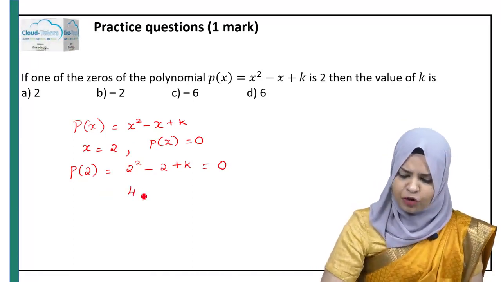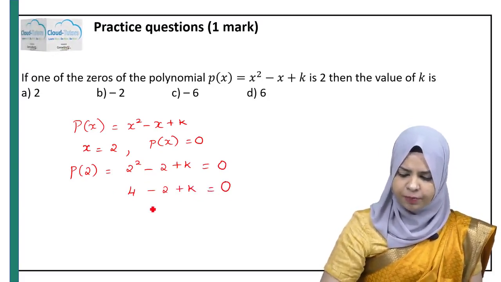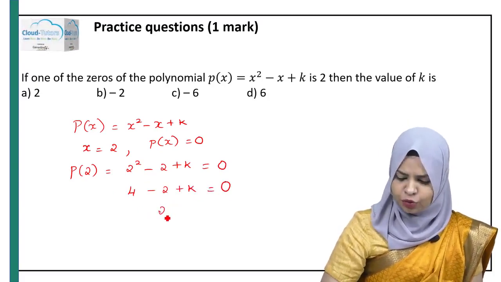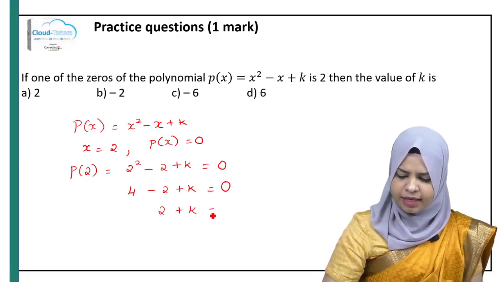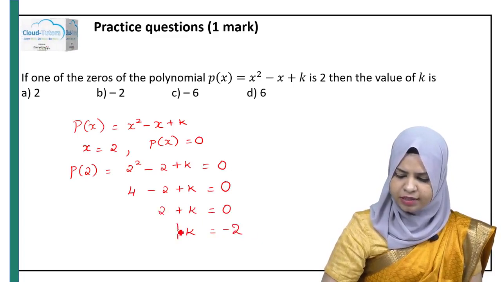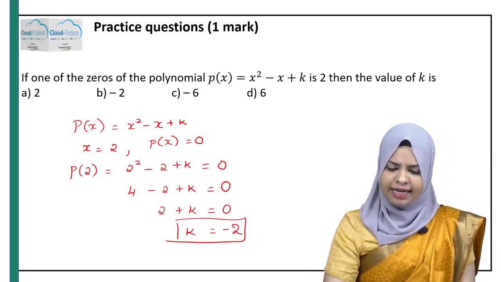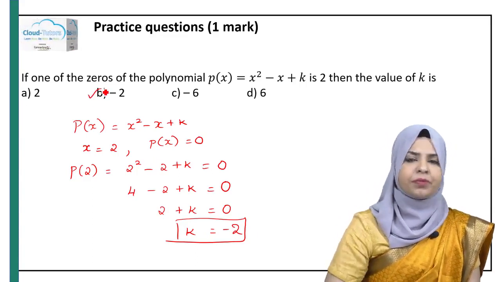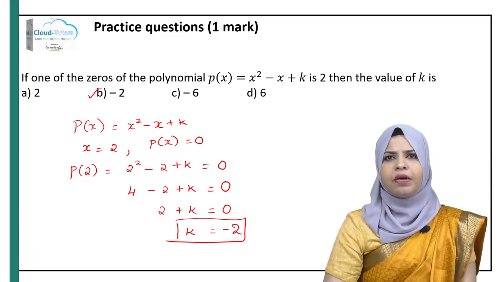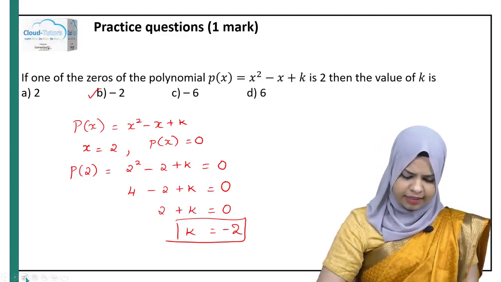So 4 minus 2 plus k is equal to 0. Then 4 minus 2 is 2, plus k is equal to 0, or k is equal to minus 2. We have found the value of k. So the right answer here is B, where k is equal to minus 2. Okay, let's see the next question now.